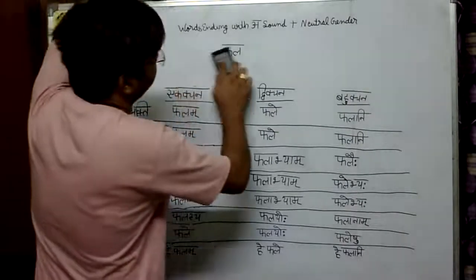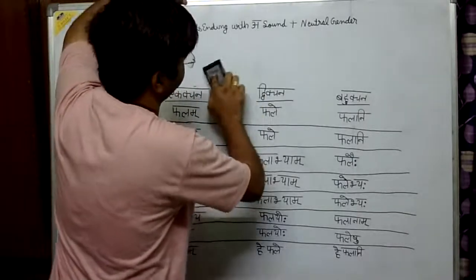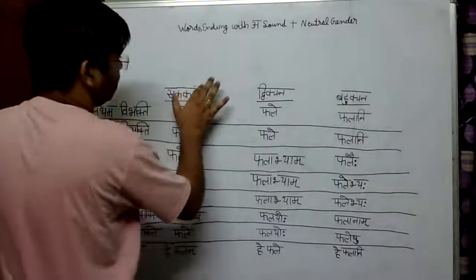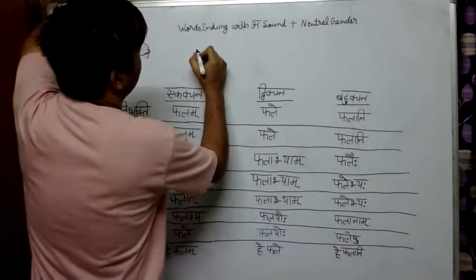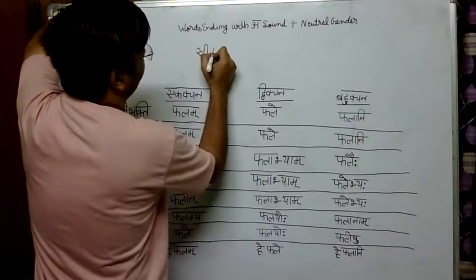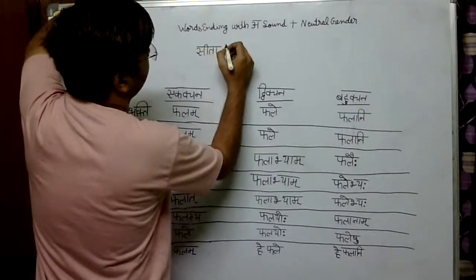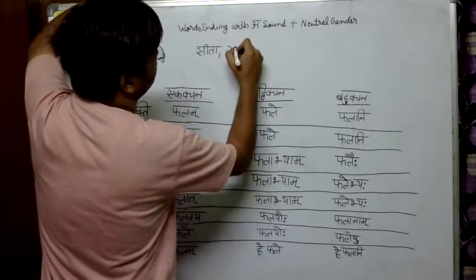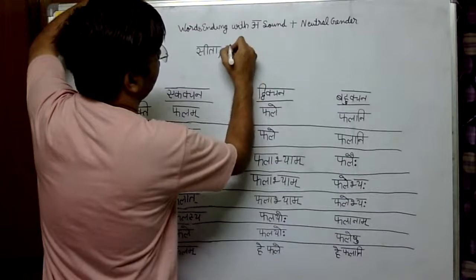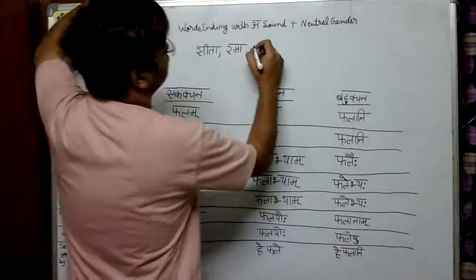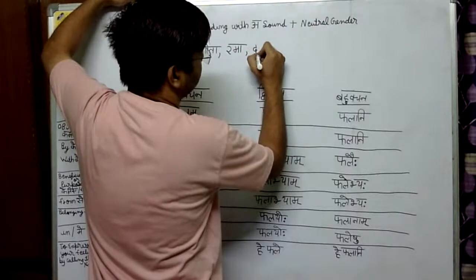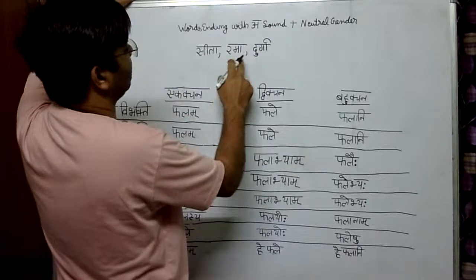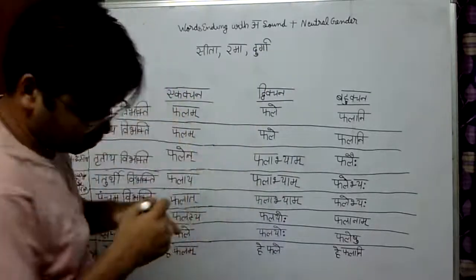Now I have a different word, and that word is Sita, Rama, or Durga. I have taken three words there.